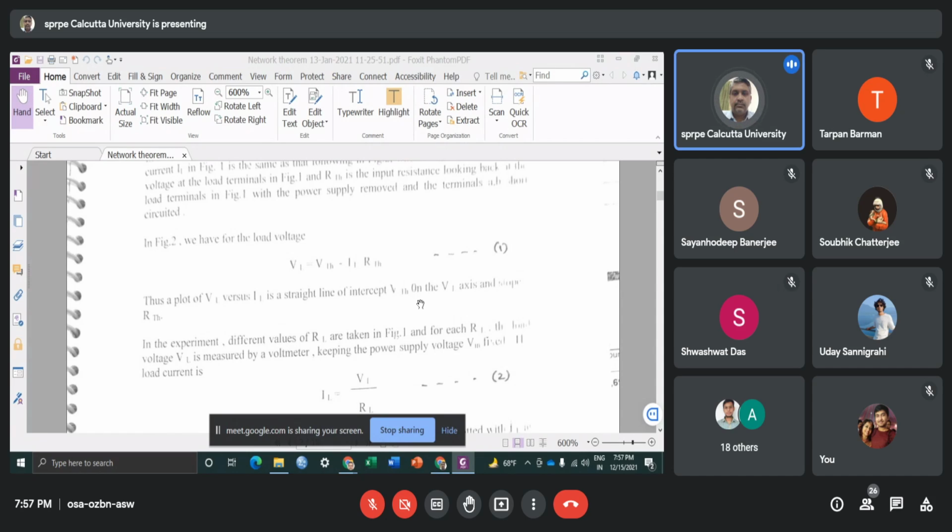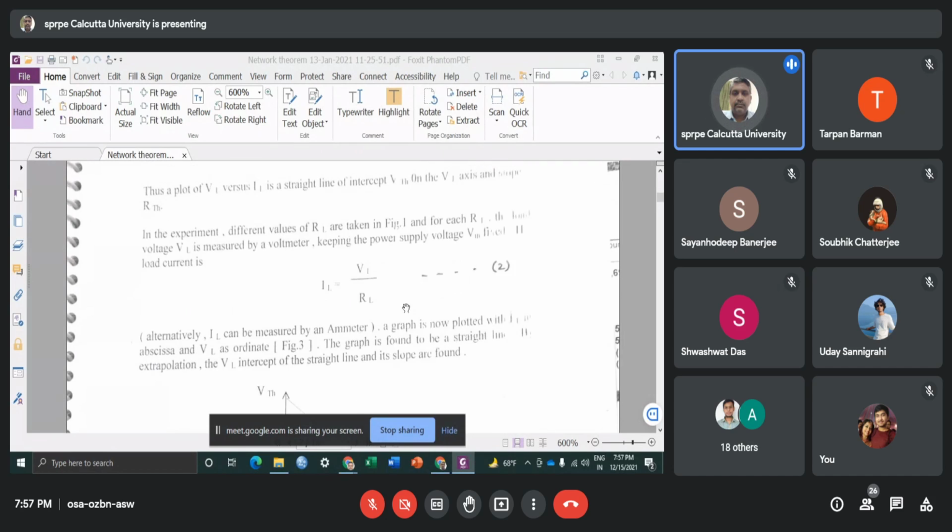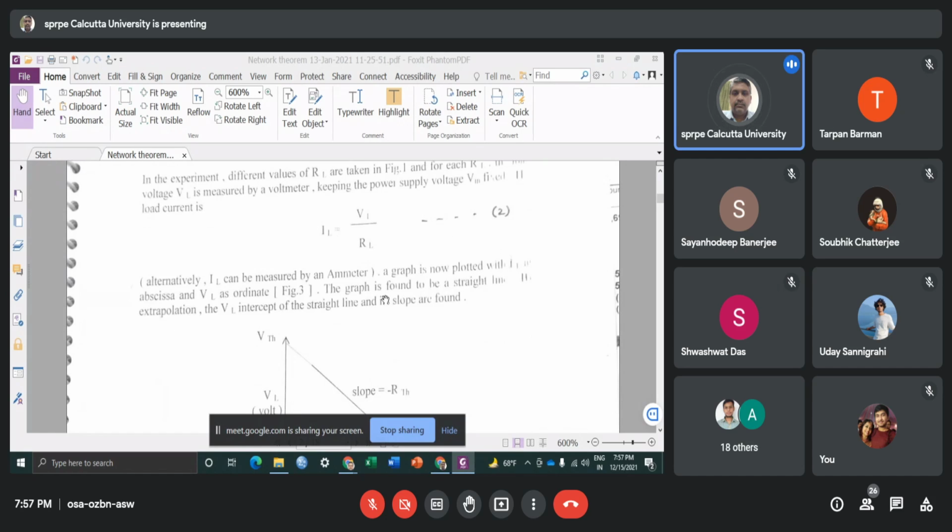So if I consider y equal to VL and x equal to IL, then I write this VL equal to VTH minus IL RTH equation as y equal to mx plus c. And also this IL is actually the load voltage divided by the load resistance.